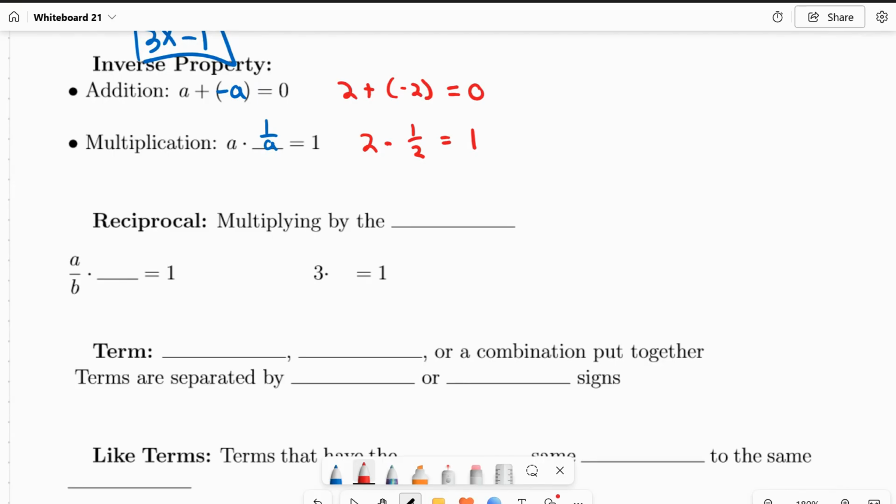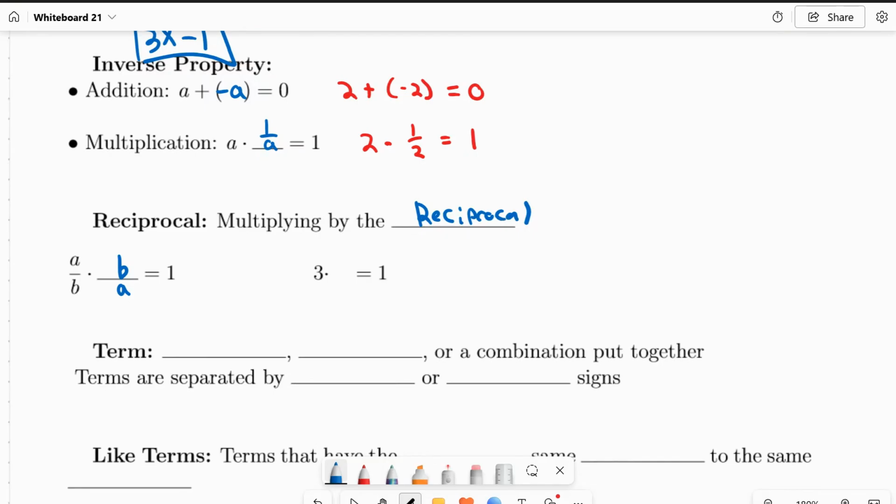So the next thing we define here is the reciprocal. The term you'll see all the time is multiplying by the reciprocal. Remember, that's just essentially where you flip your fraction. So if I have a over b, my reciprocal would be b over a. When you multiply by the reciprocal, you get 1 as your result.